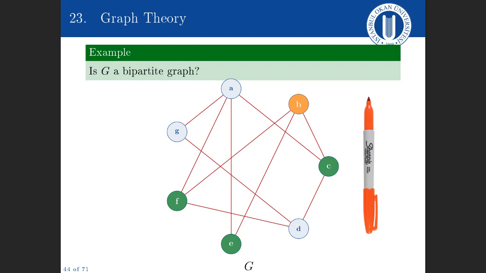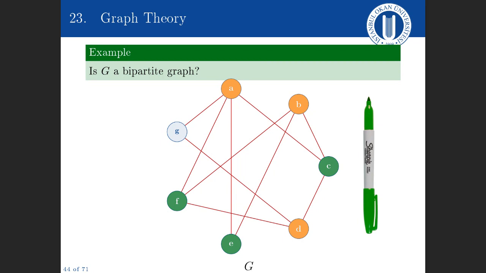Put the green pen down and pick the orange pen back up. I want to color in every vertex which is connected to a green vertex. So here we go. A is connected to a green vertex, and D is connected to a green vertex. And quickly check, do we have an orange vertex connected to an orange vertex? No. Good.